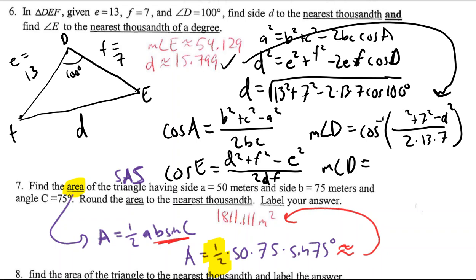So switch those two and make that be D. And then that does give me the 54.129.